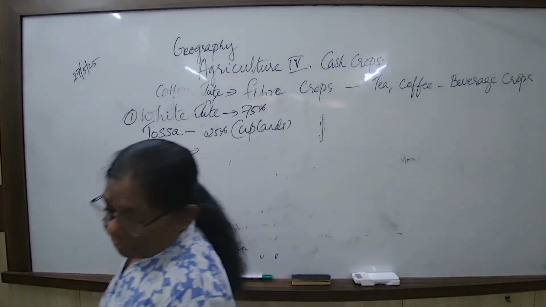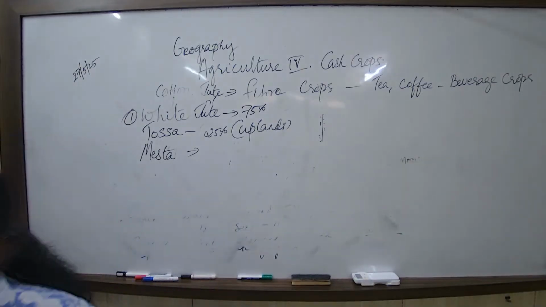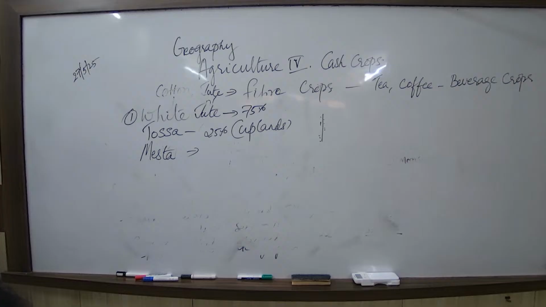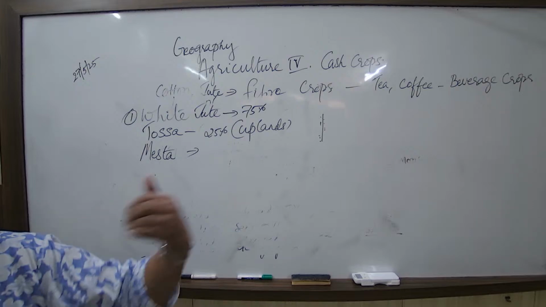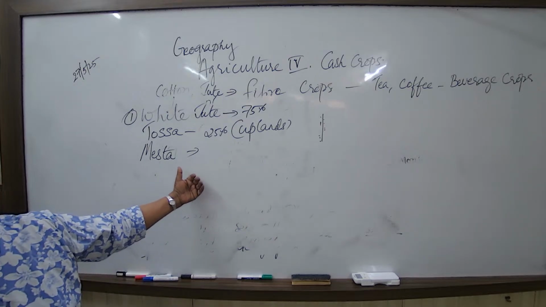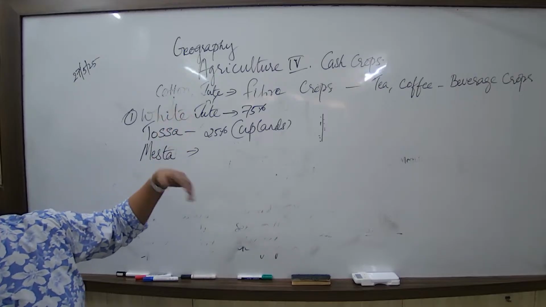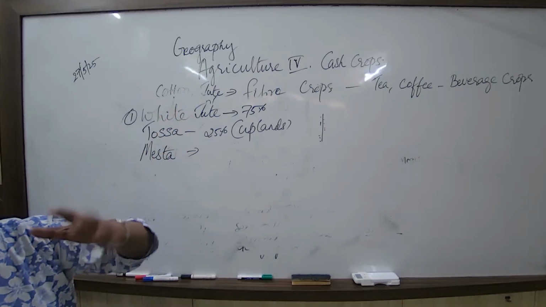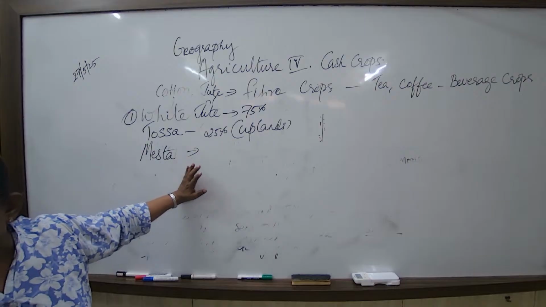Now, what is the importance of jute? See, jute is very important to replace the non-biodegradable plastic. This is biodegradable as it is grown in the soil and it is not an artificial fiber.